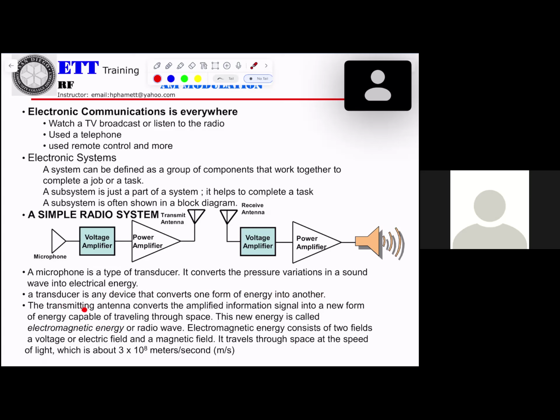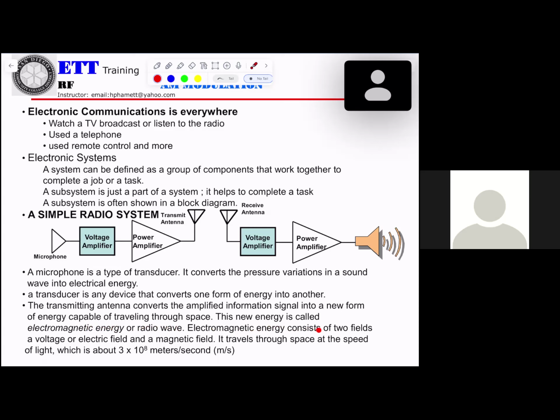The transmitting antenna converts the amplified information signal into a new form of energy capable of traveling through space. This new energy is called electromagnetic energy, or radio wave.